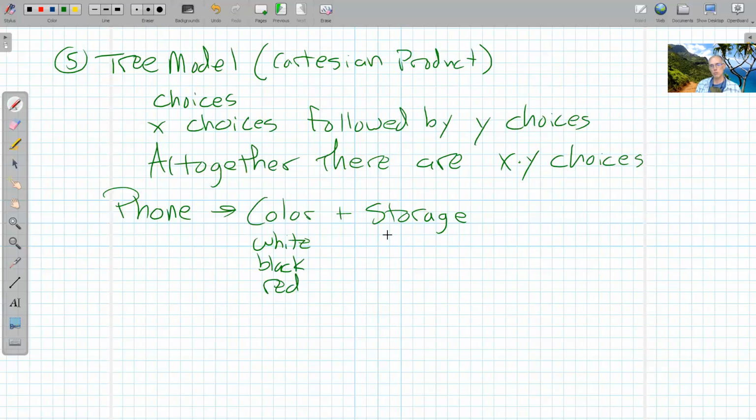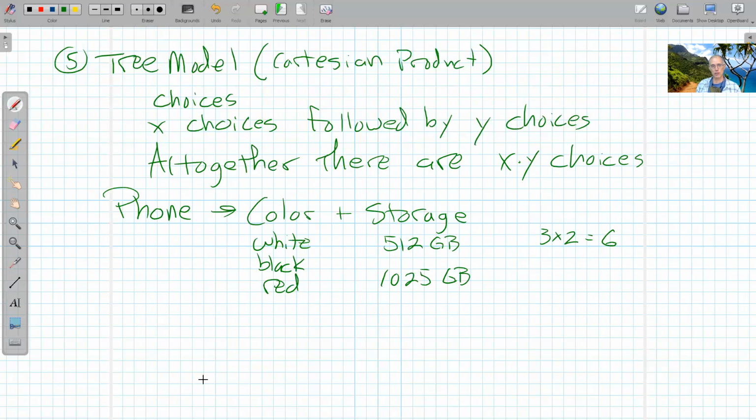And for storage, maybe you could get, I don't know, 512 gigabytes, or maybe you could get like 1024. Maybe I'm off on these numbers these days. I haven't looked at new phones in a while. Let's say you have 2 choices. So altogether, if you have 3 choices there and 2 choices there, I should end up with 6 possibilities in the end, because 3 times 2 is 6.